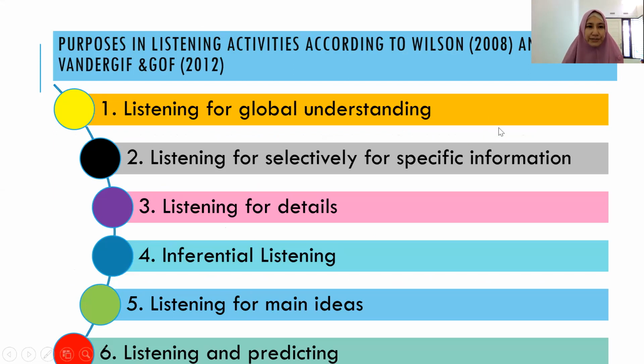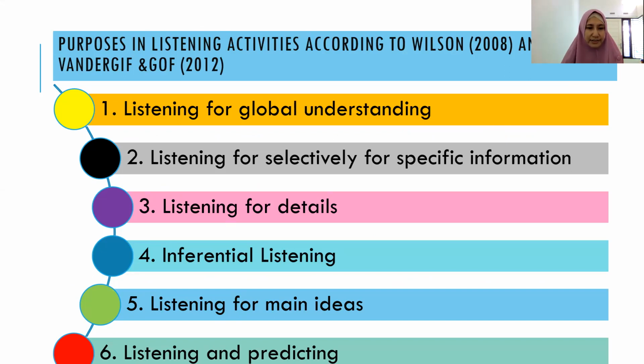There are some purposes in listening activities according to Wilson 2008 and Van der Grief and Co. 2012. The first purpose is listening for global understanding. The second one is listening selectively for specific information. The third one is listening for details. The fourth is inferential listening.